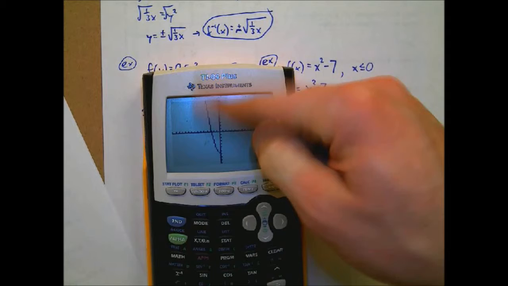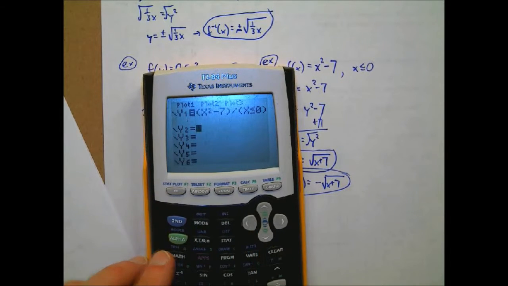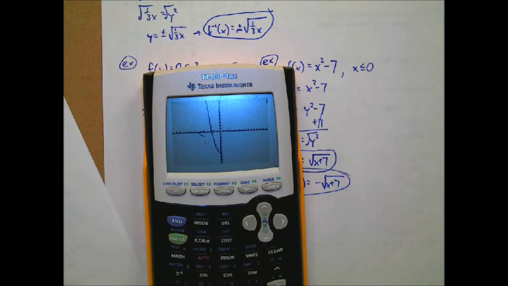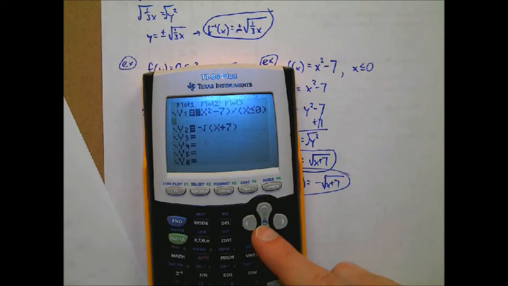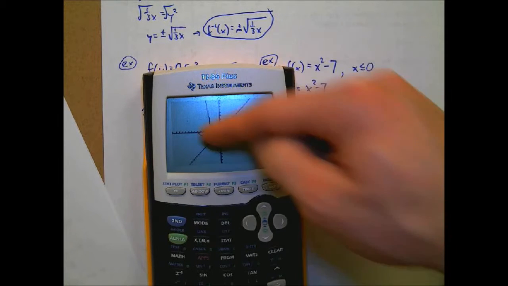Okay, right there. I'll also graph our inverse here. We said it was negative root x plus 7. Okay, graph that. There's the inverse we're saying. And if I graph the line y equals x, you'll be able to really easily see that reflection, right? You can see this reflects over that line y equals x to become that.